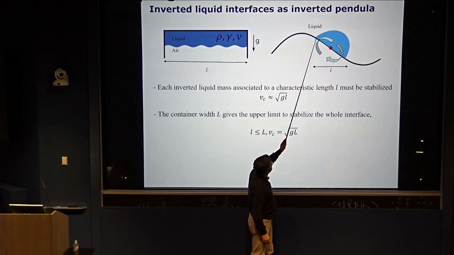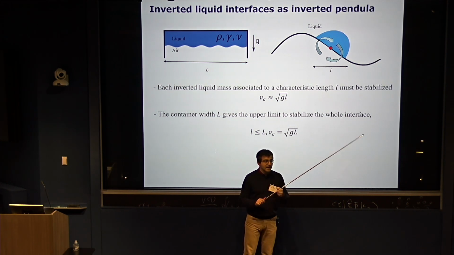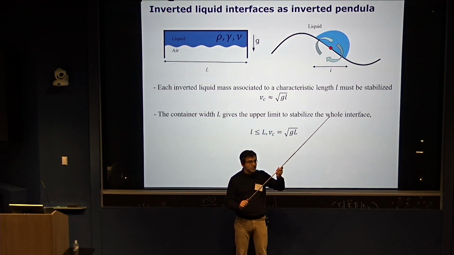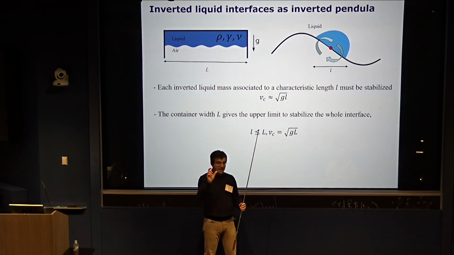If I take this part of the liquid, for instance, and this characteristic distance, this is the turning point, and basically this is proportional to L. So basically what I have is a mass and something proportional to L, for a given L that I want to maintain upside down.